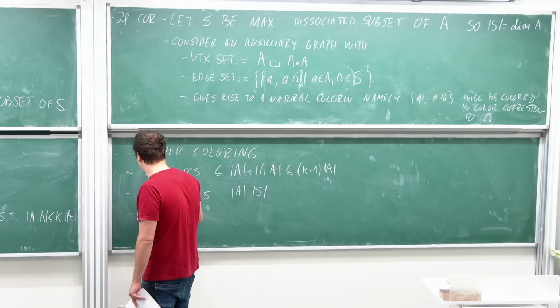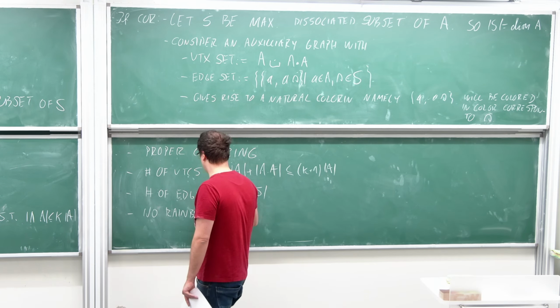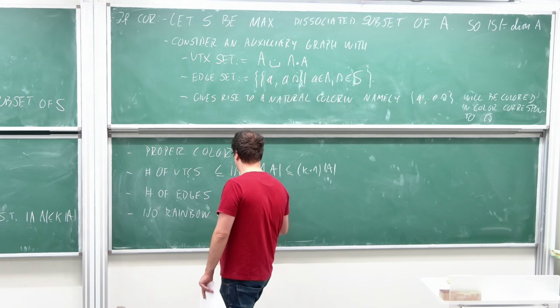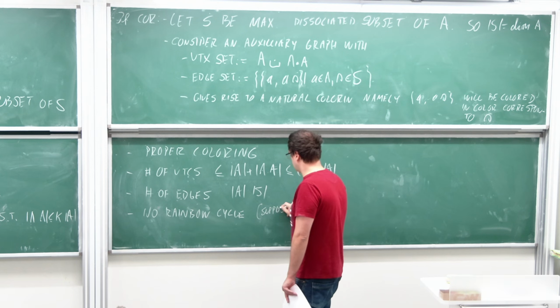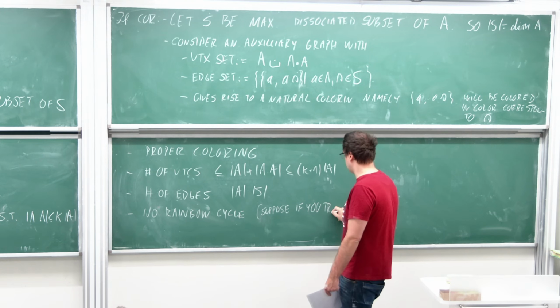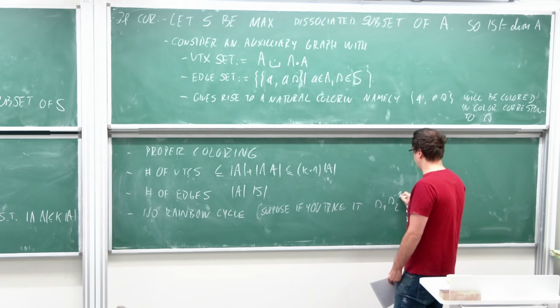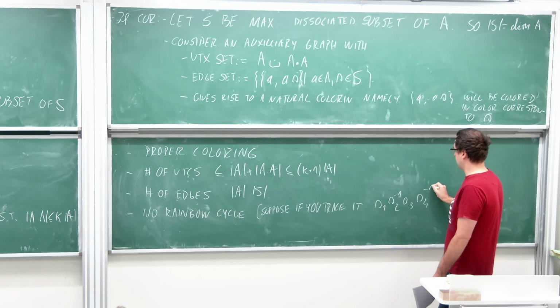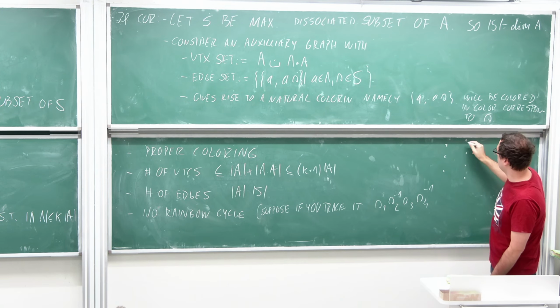Very good. So we also know that there is no rainbow cycle. And why is that? Well, suppose you have one, and if you trace it, you get colors s1, s2 inverse, s3, s4 inverse, right? So you are in this bipartite graph, and you are just following some kind of cycle here. So this was in color s1, this was in color s2.